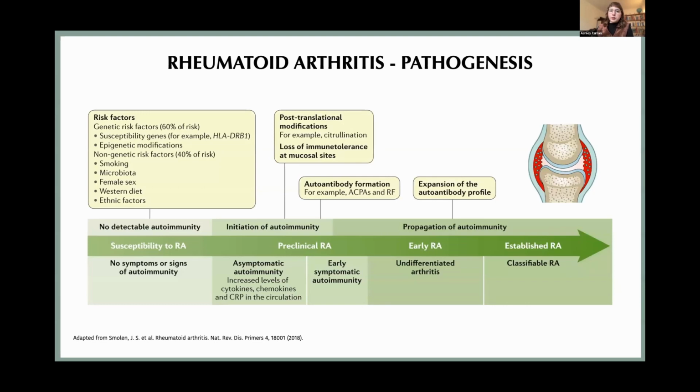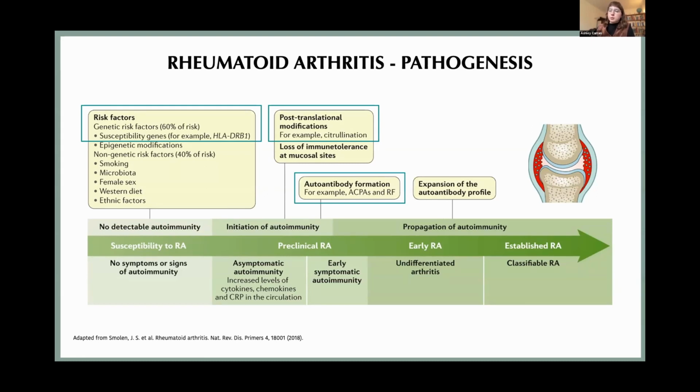So again, my focus has been on the pathogenesis of rheumatoid arthritis. The susceptibility to RA is in large part due to genetic risk factors, such as particular HLA-DRB1 alleles called shared epitope alleles. And then in the initiation phase of the autoimmunity, which occurs in preclinical RA, in an asymptomatic phase, there's the accumulation of post-translational modifications, such as citrullination, and then the subsequent formation of autoantibodies against those modifications.